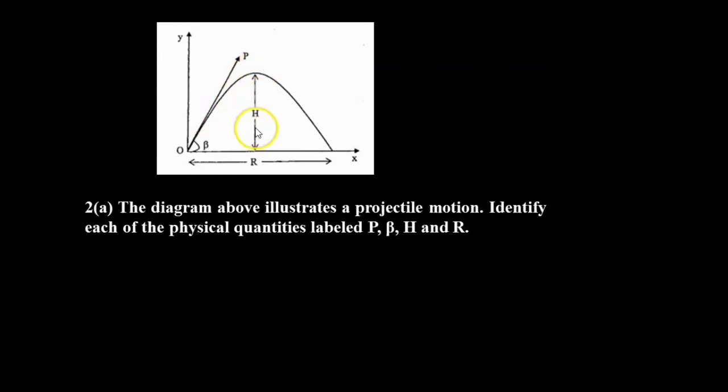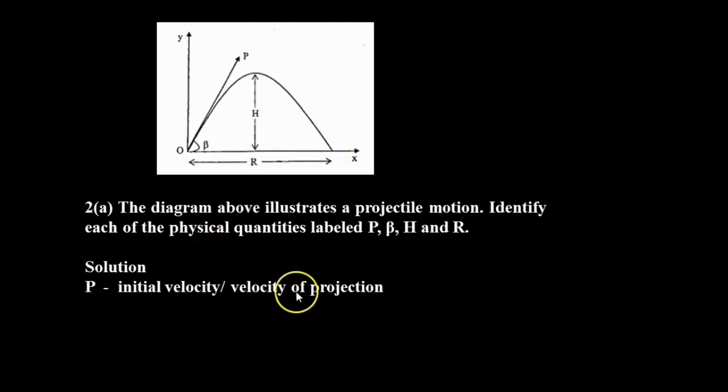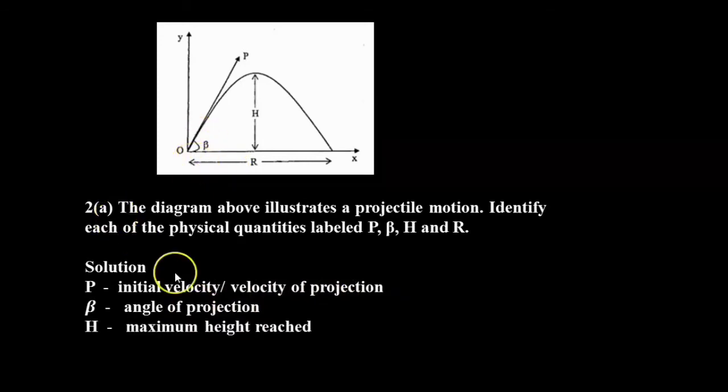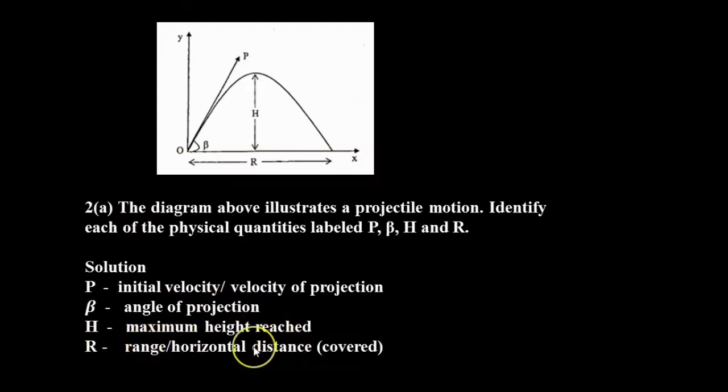H is the maximum height attained, and R is the range, simply the horizontal distance covered from the point of projection to the point at which the stone or whatever object it is lands. So, P is the initial velocity or velocity of projection, beta is angle of projection, H is maximum height reached, and R is the range or horizontal distance covered.